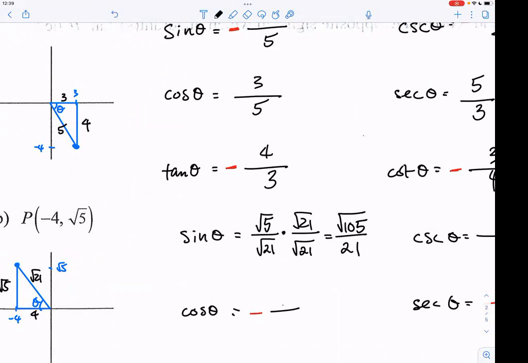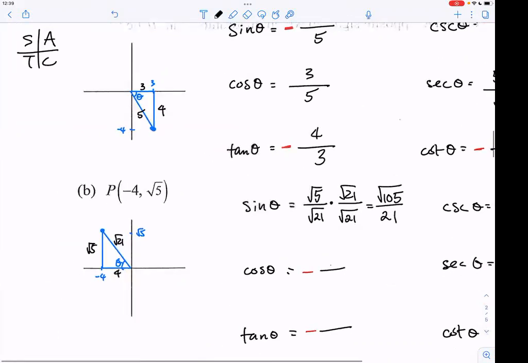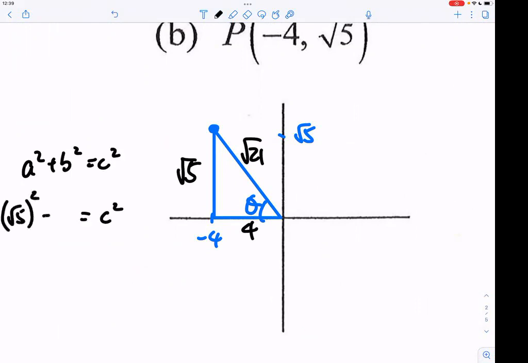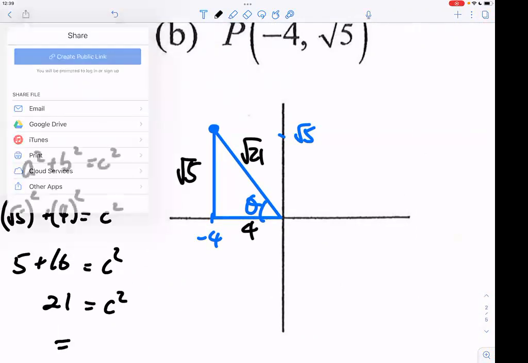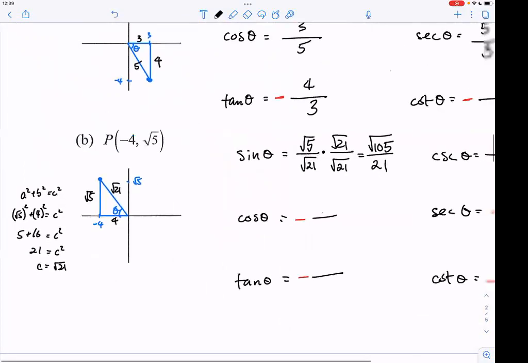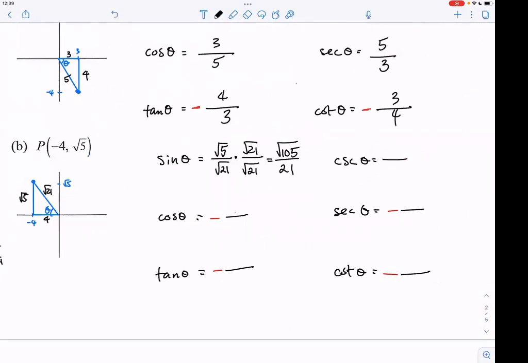Why is it 21? Because the hypotenuse is √21. How did you find that? All right. For the hypotenuse, we use the Pythagorean theorem. So a squared plus b squared is equal to c squared. So we just put in √5 squared plus 4 squared. So 5 plus 16 is c squared. c squared is 21. So c is √21.